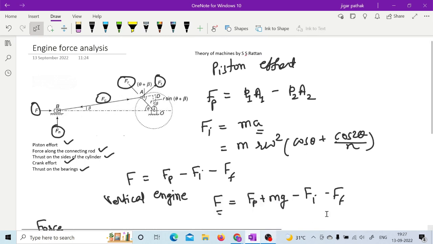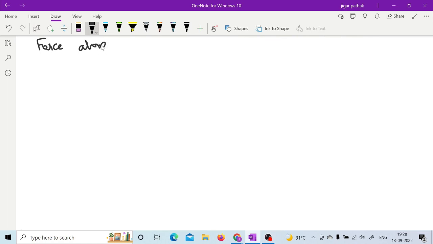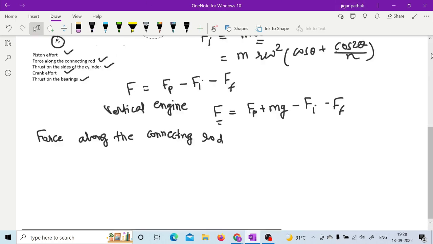Okay, so now you can think about the force which is acting along the connecting rod, right? If you think about the force along the connecting rod, then from the geometry of the figure, I am again showing you that figure.